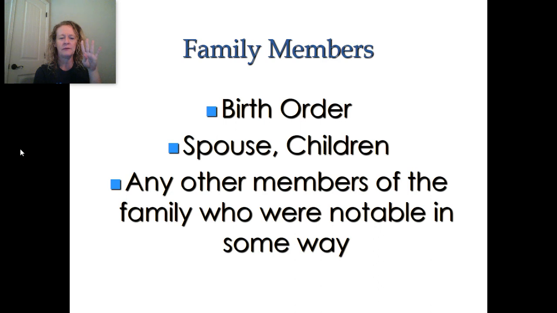So there are 4 of us, and I fall number 3 in the birth order. If I were to talk about my spouse, which is my husband, and children, I would tell you that my husband's name is Brian, and I have 3 children and 4 grandchildren. Any other members that were notable in some way?